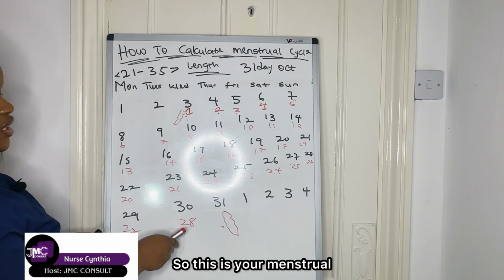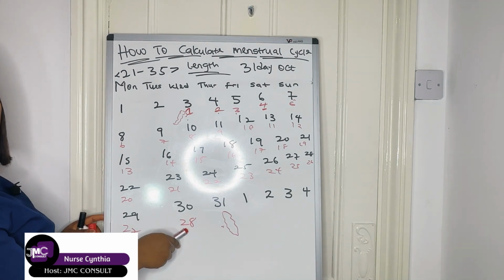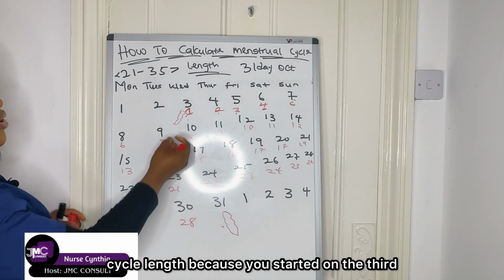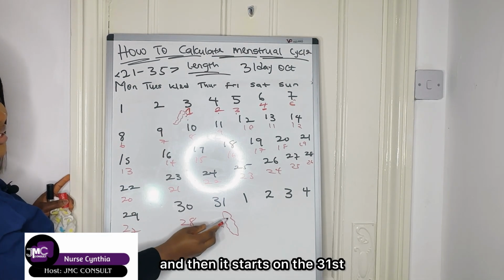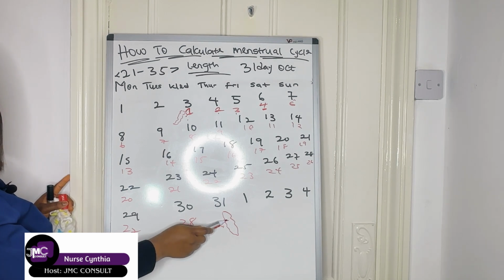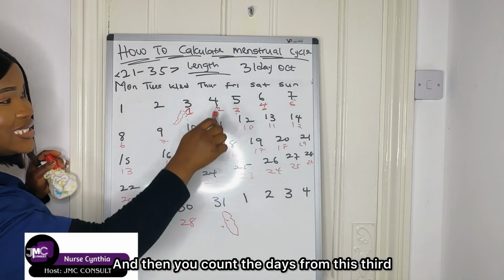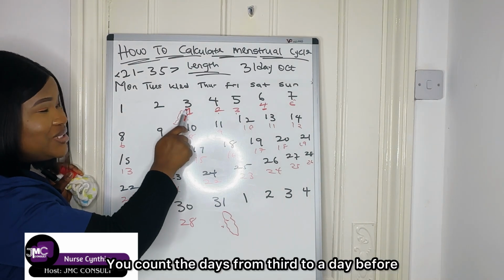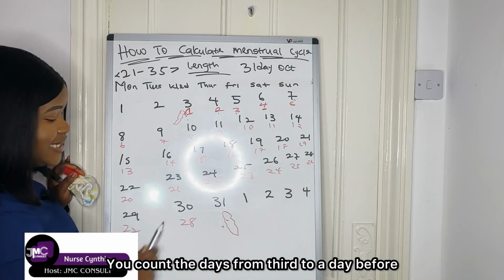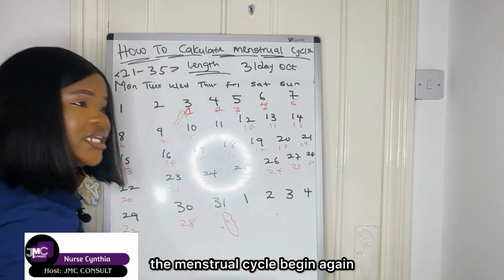Okay, so this is your menstrual cycle length, because you started on the 3rd and then it starts again on the 31st. And then you count the days from the 3rd to a day before the menstrual cycle begins again.